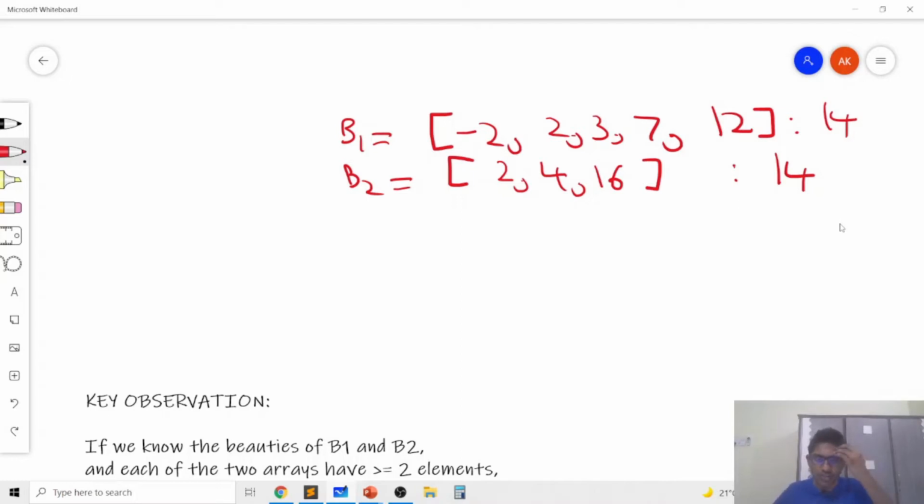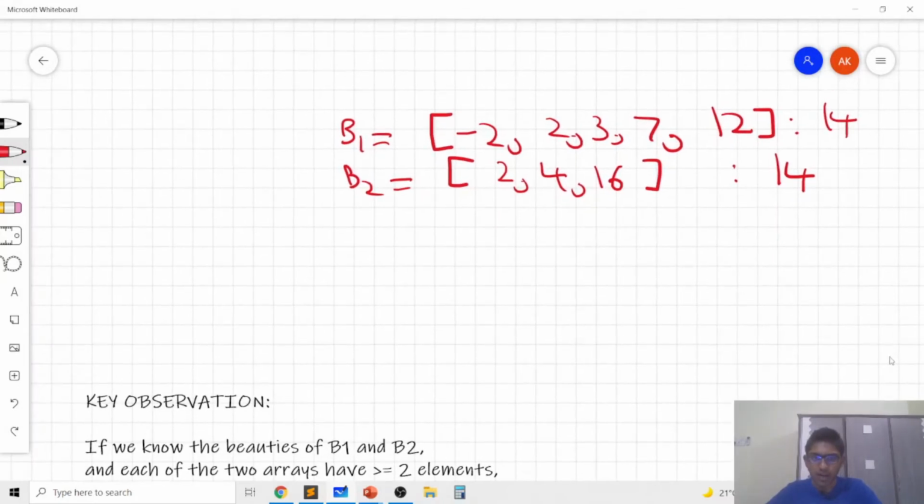So in general, we can always choose the partition which has a smaller beauty, and we can increase the largest number of that partition.